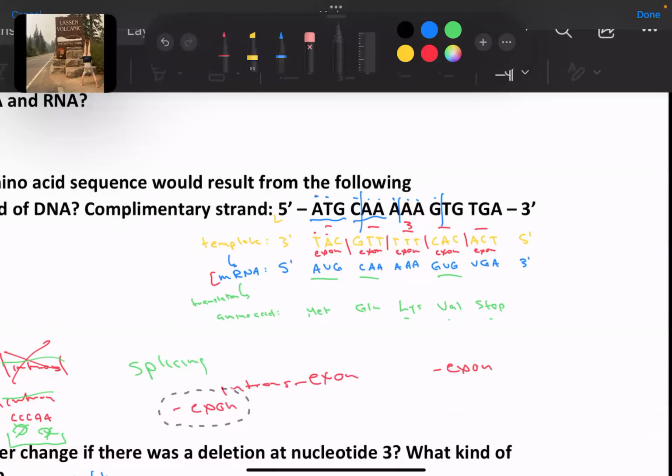We also cut out one of the exons and just attached these 2 exons together. This used to be an exon that we included in the sequence, but we cut it out and didn't include it in the sequence of exons that we are then going to turn into an amino acid sequence. So we're still splicing, but we can do it in a different way.